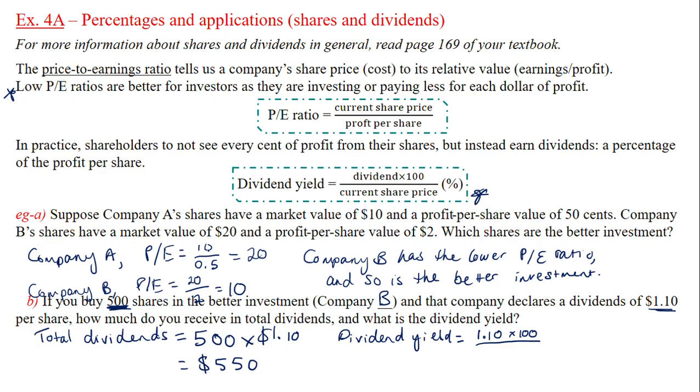And the current share price, which is the price in the price to earnings component, is 20. And that gives us a total value of 5.5%. So what that means is that you are going to make back 5.5% in your first dividend payout of what you spent on those shares.